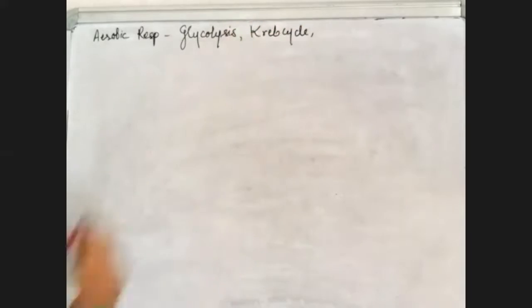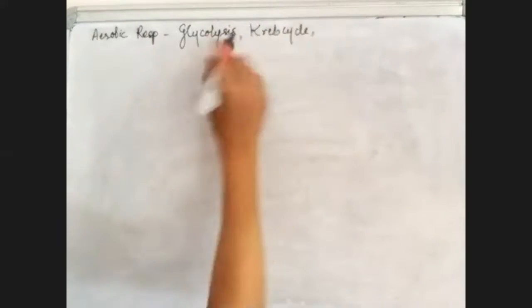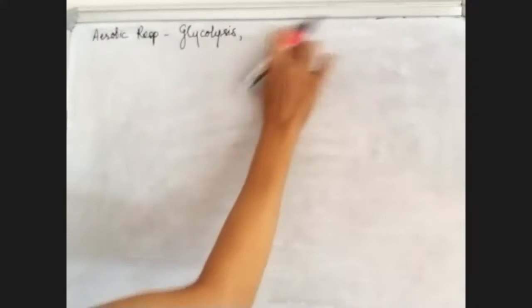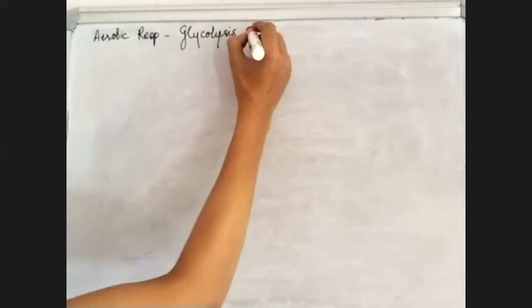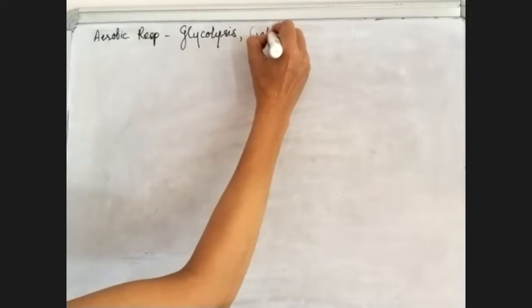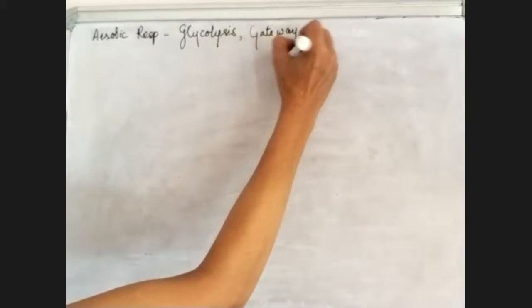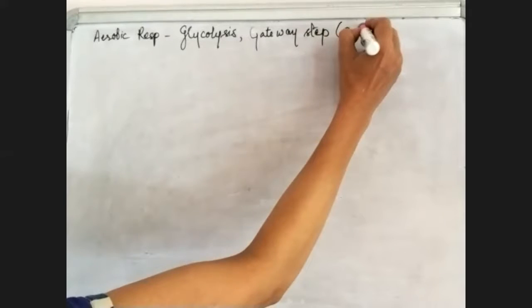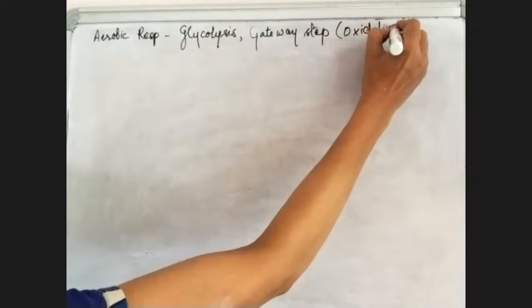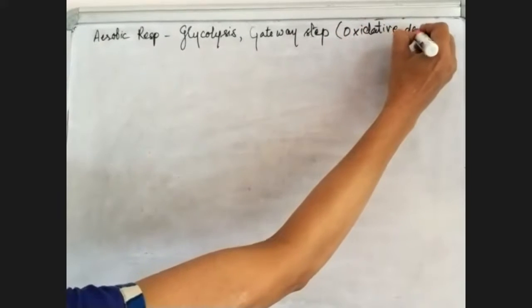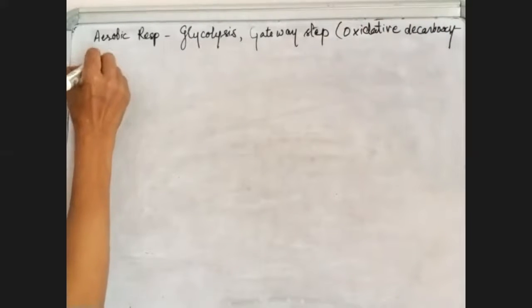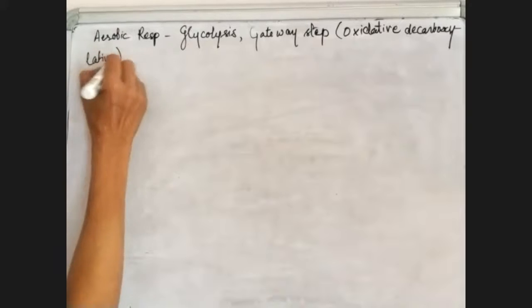Before Krebs cycle, we can also write the gateway step, also known as oxidative decarboxylation. Then after this we had Krebs cycle.